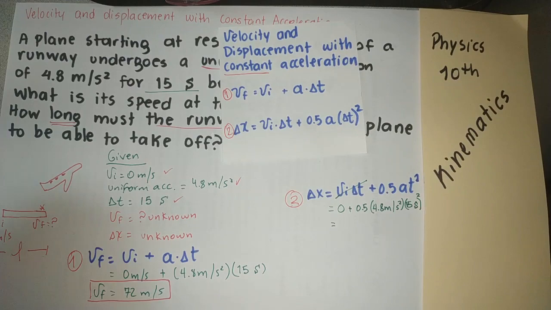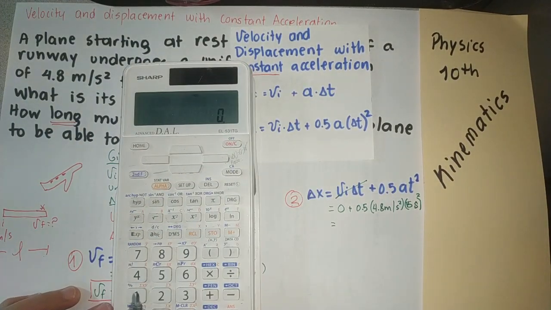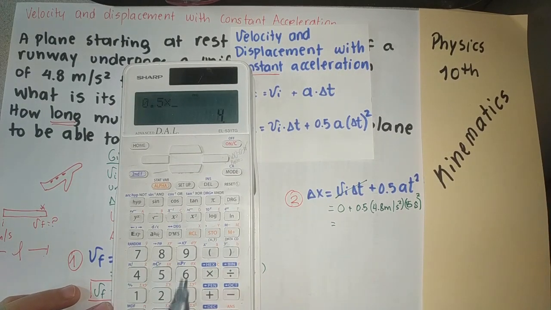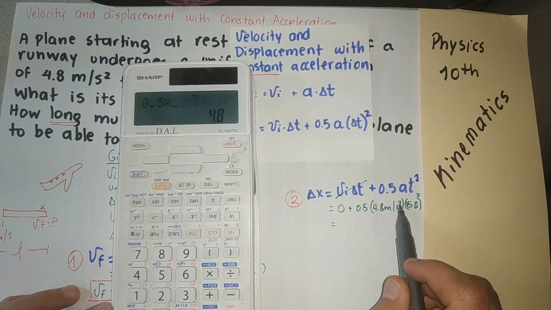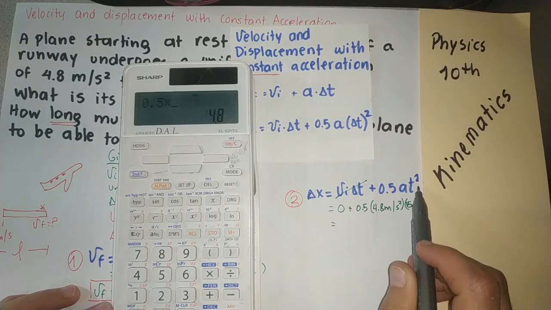So how do we solve this in the calculator? We write 0.5 times 4.8. Now take a look at this. This square is inside the units, so that means that you don't need to raise it to the second power. But the time, yes. Look at the equation.